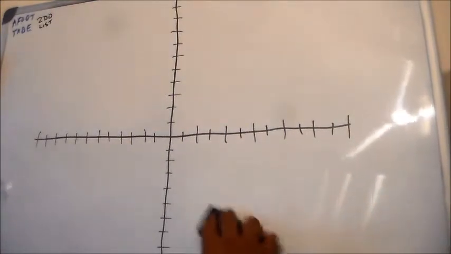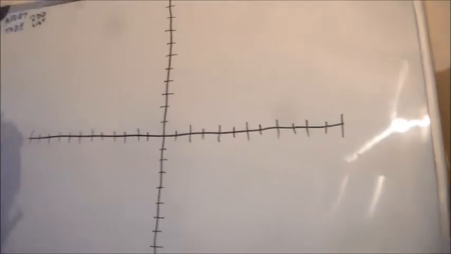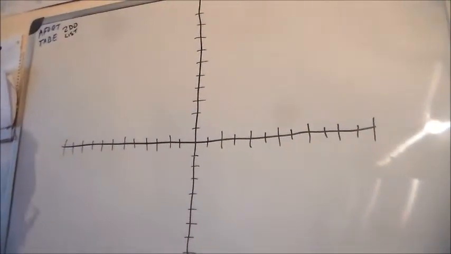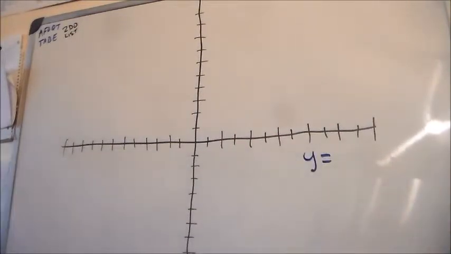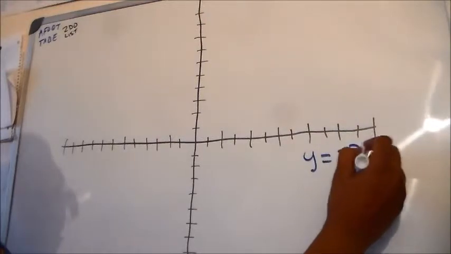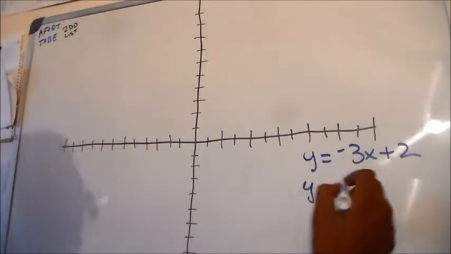But the thing is here, you're going to be given two equations. Let's see what we got as far as real estate. Center this thing a little bit. Okay, looking halfway decent there. Now, we have two equations in the system of equations. The first is y equals negative 3x plus 2, and then our second equation is y equals 2x minus 3.